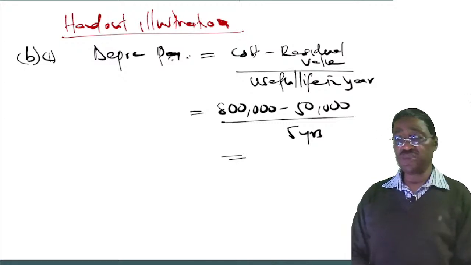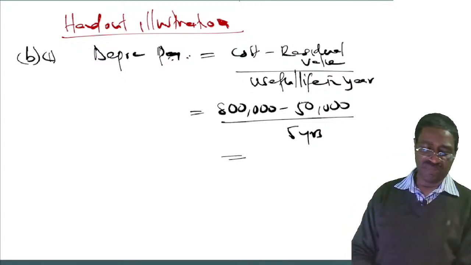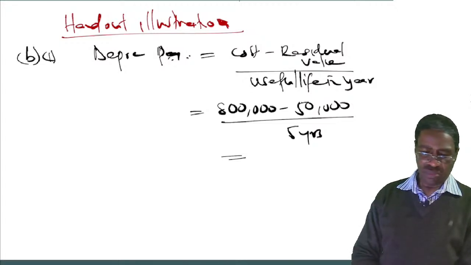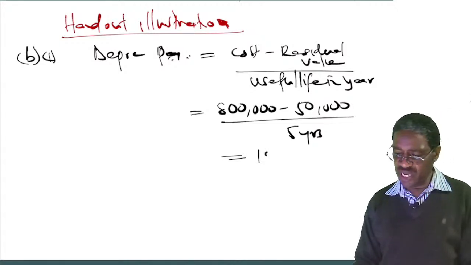Let me calculate. This is 800 minus 50 divided by 5. So every year we are charging 150,000.